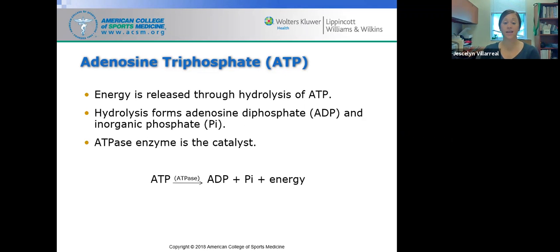ATPase is the enzyme that is the catalyst. So the energy released through hydrolysis of the high energy compound ATP to form ADP and inorganic phosphate powers skeletal muscle contractions. The reaction is catalyzed by the enzyme ATPase.